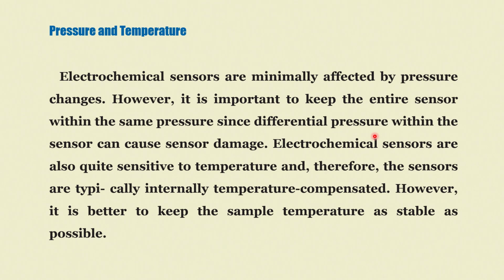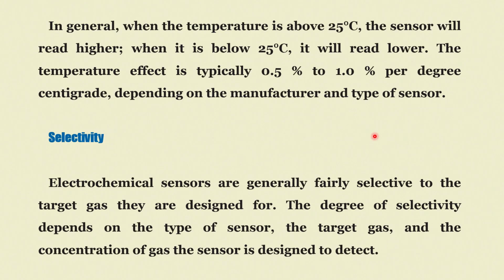That is important. Once the sample enters the electrochemical sensor, then there is no problem. In general, we can say that you can set it to around 25 degree centigrade and the sensor will read fairly well, with a slightly higher reading, because when it is below 25 degrees, it will read lower.